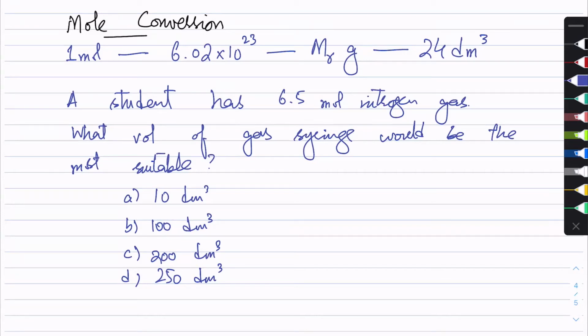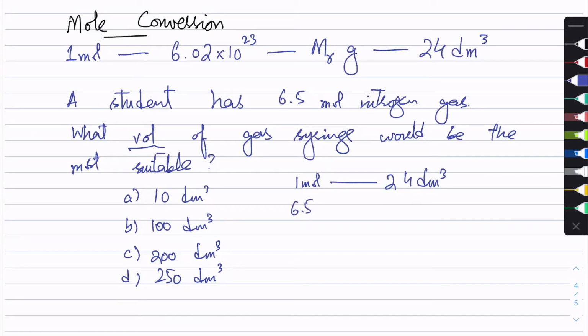Okay, so what we do is, because we know the volume, we'll calculate the volume. I know that 1 mole is 24 dm cube. That's the standard value. Every time you do the questions, all you have to do is find the standard value, the value of 1 mole. That's step 1, value of 1 mole. In the second step, you do the value of whatever is given to you. So the given value comes later.